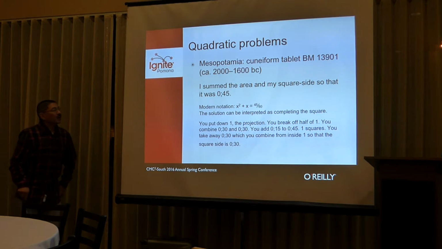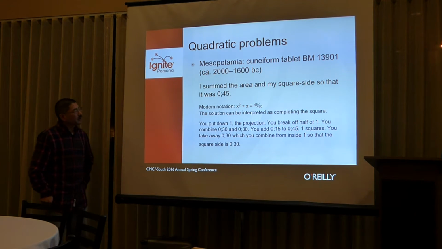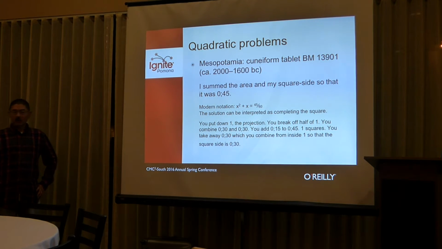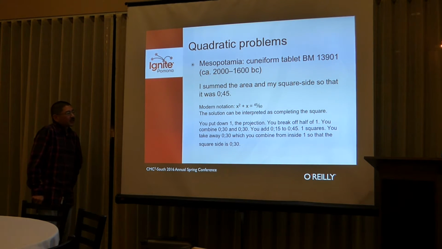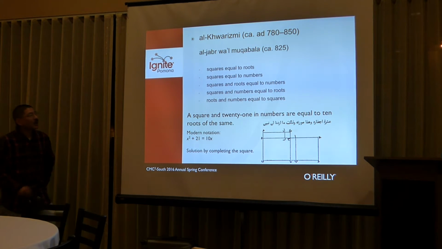Why not? Quadratic problems go back a long, long way. We find examples all the way back to the Babylonians at least. And we can interpret their solutions as completing the square, even though they don't have any pictures or anything like that. If you're talking about quadratic stuff, you have, of course, to mention Al-Khwarizmi.